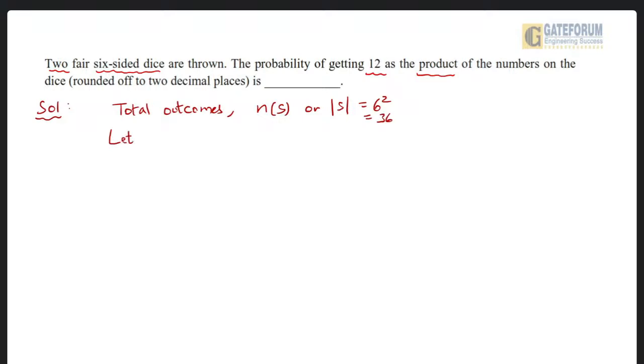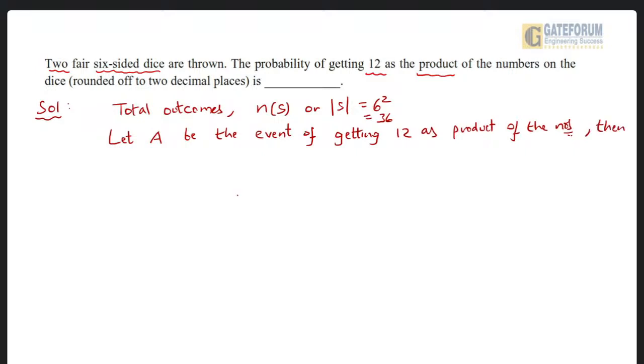Let A be the event of getting 12 as the product of the numbers on the dice.